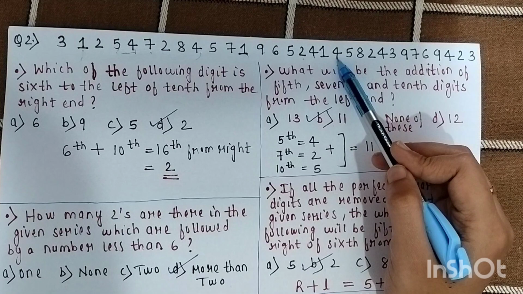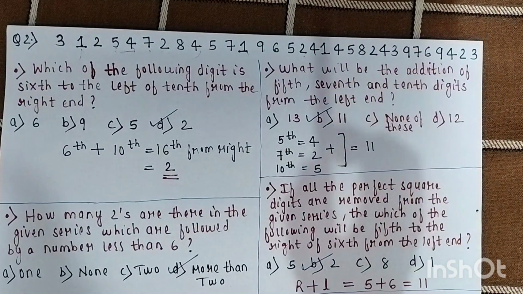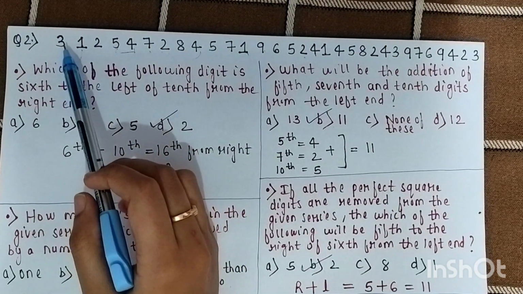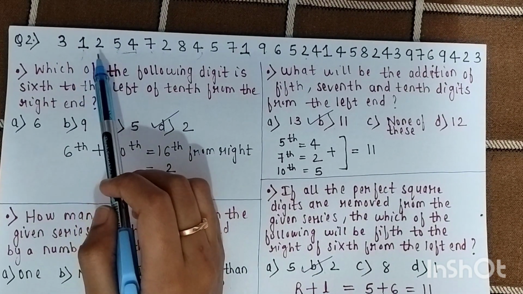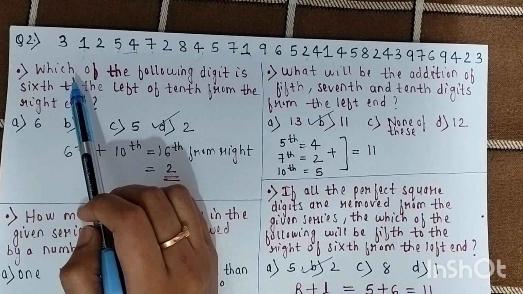8. No, if you do like that, you'll get the wrong answer because they have said odd numbers which are immediately followed by the perfect square digit.